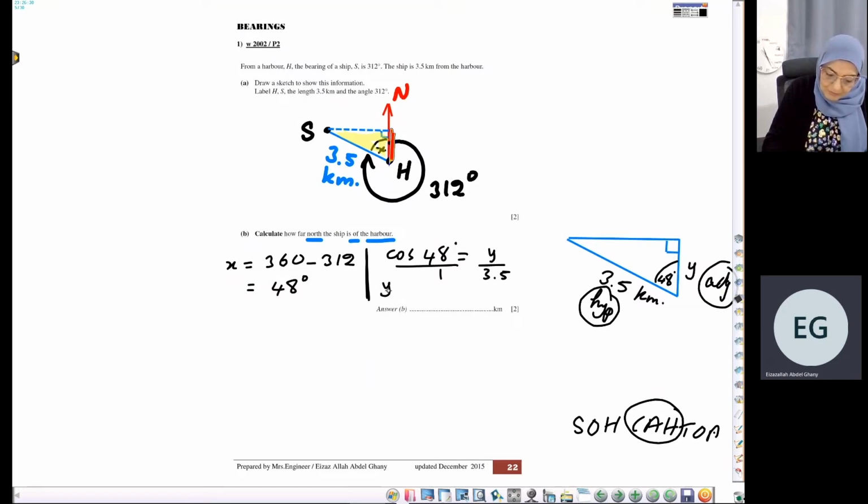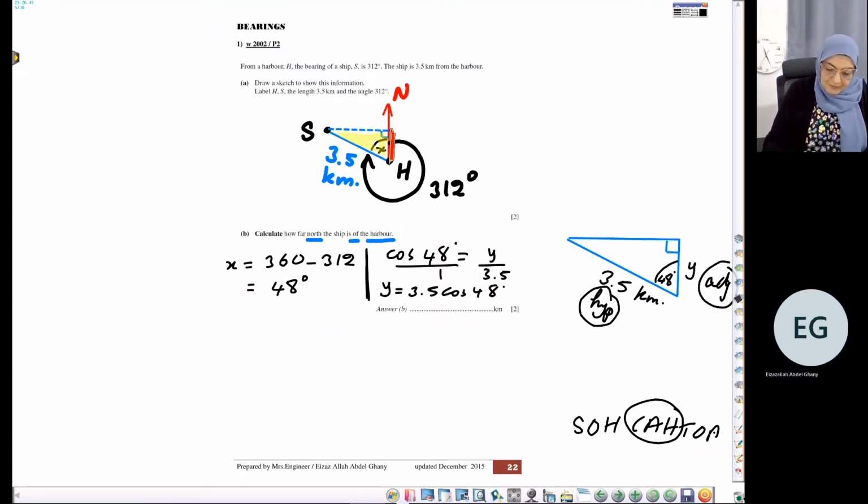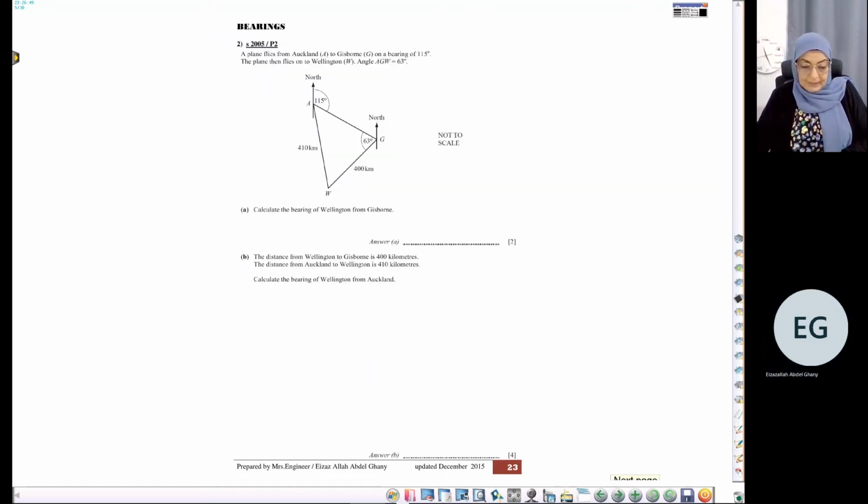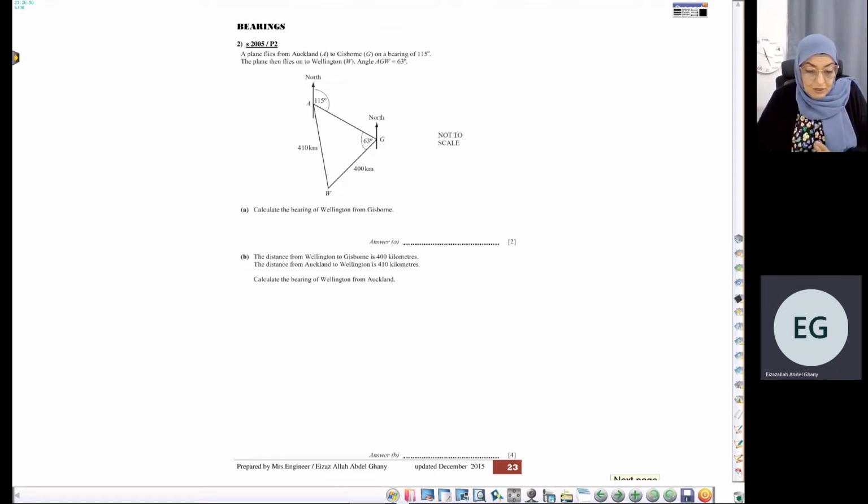Now Y equals 3.5 times cosine 48, which equals 2.34 kilometers.